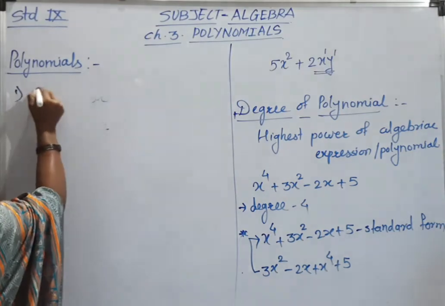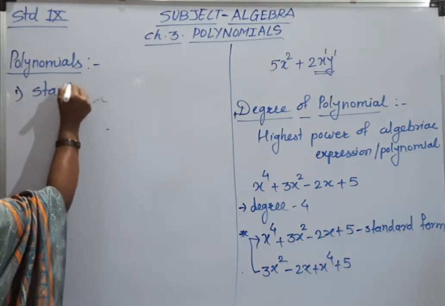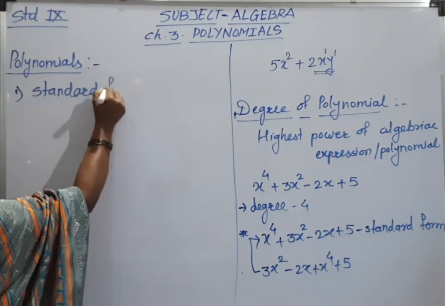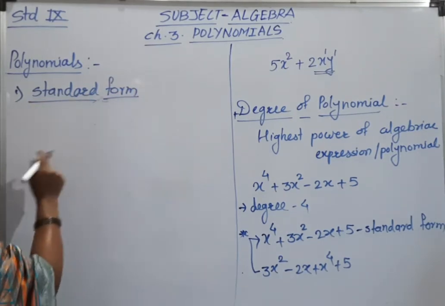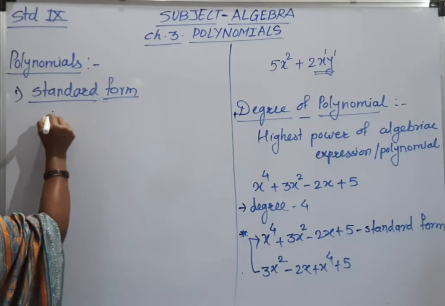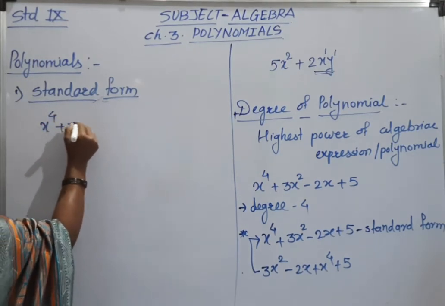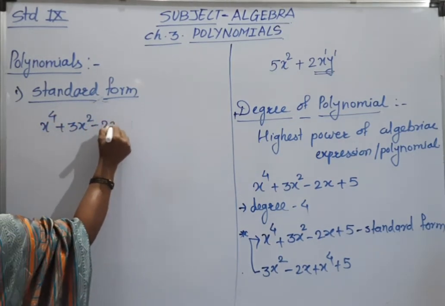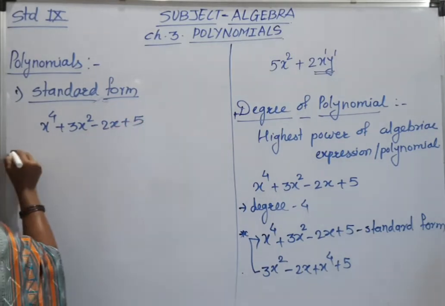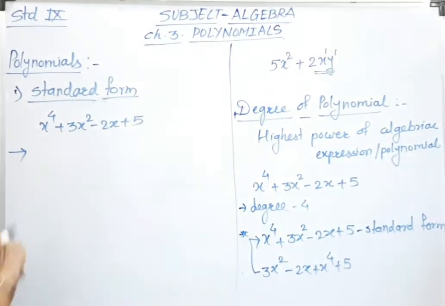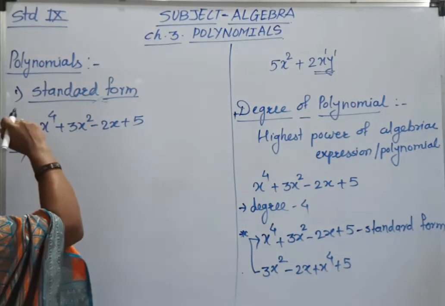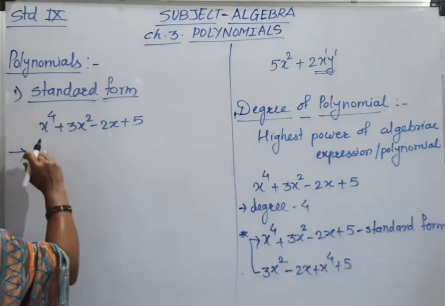Now first we learn the standard form. Standard form means we have to write in descending or ascending order. This example, x raised to 4 plus 3x square minus 2x plus 5, we can write in the standard form in descending order.